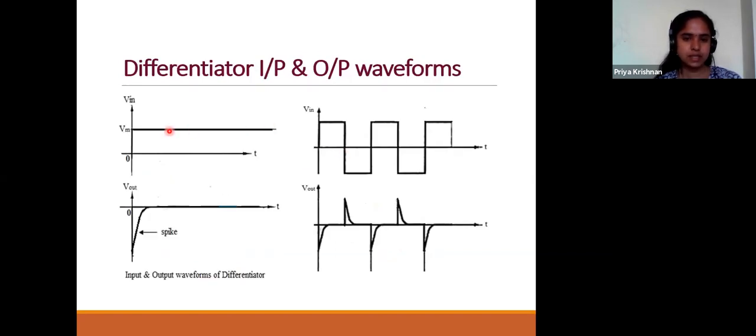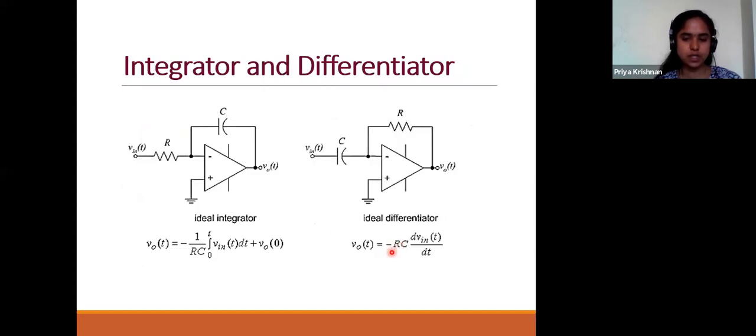For easy understanding, I have shared the input and output waveforms of the integrator. For the integrator, the input voltage is 2 volts, and I integrate it. For the differentiator, if the input voltage is 2 volts and I differentiate that, see my differentiating expression, it is minus RC dV in by dt.